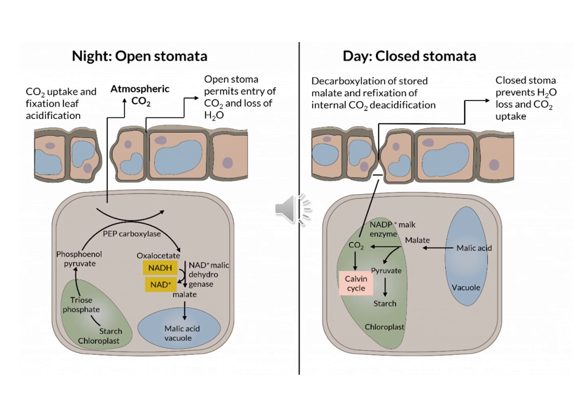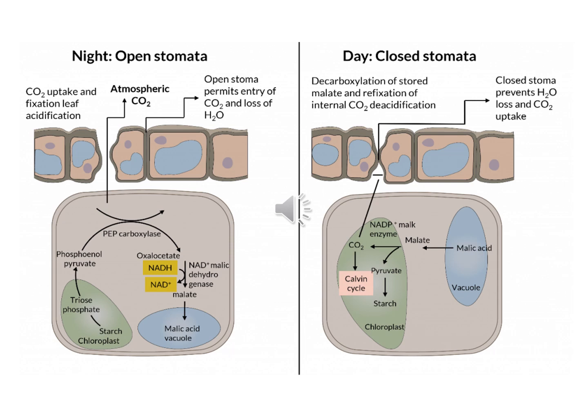During daytime, when the stomata are closed, the malic acid is decarboxylated to produce pyruvic acid and evolve carbon dioxide in the presence of the malic enzyme. When the malic acid is removed, the acidity decreases in the cells. This is called deacidification. One molecule of NADP plus is reduced in this reaction.